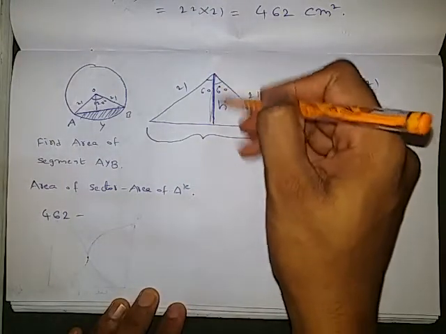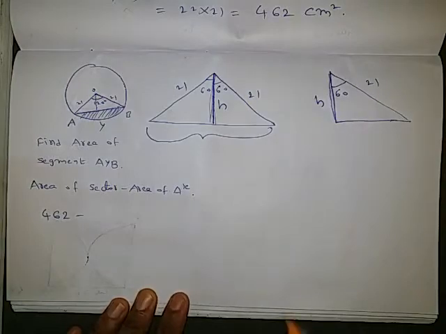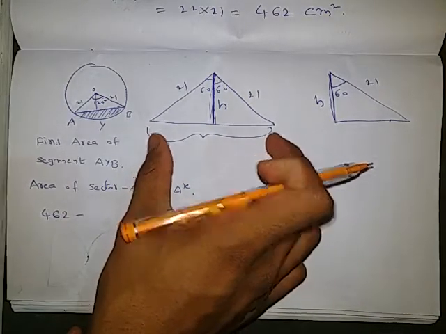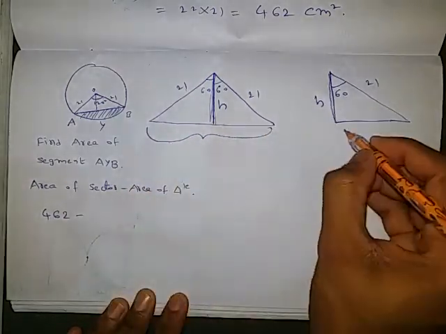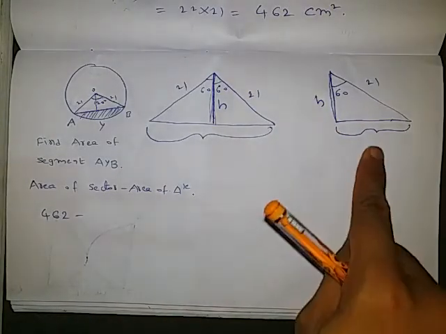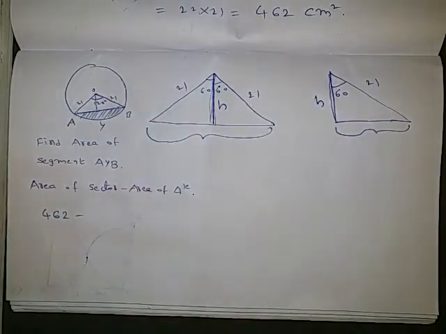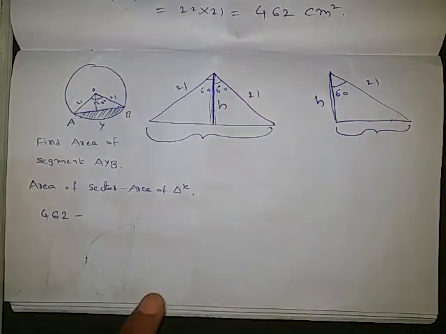Now this line is exactly here. So that height we will find out from that. But from the total base I took half part only. So this will become half of the base. After finding this half of the base, I will double it so that I will get the total base. Now let us find out the sides of this triangle.